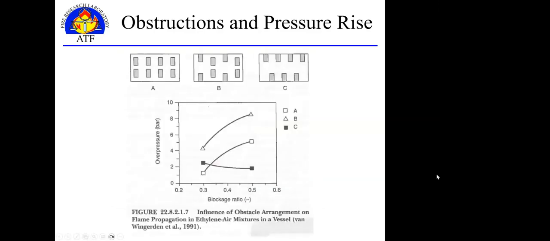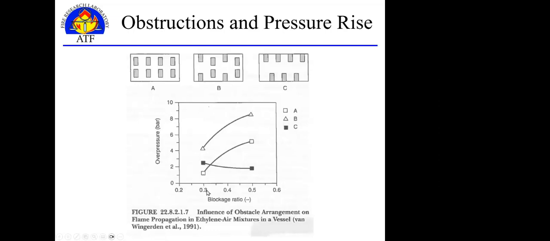So here's an example. This is out of 921, showing how different types of obstacle arrangements can affect the pressure rise in a compartment. You can see here's A, B, and C. Our highest pressure rise happens with this B arrangement, and then obviously it's significant based off of how much of that enclosure is actually blocked.